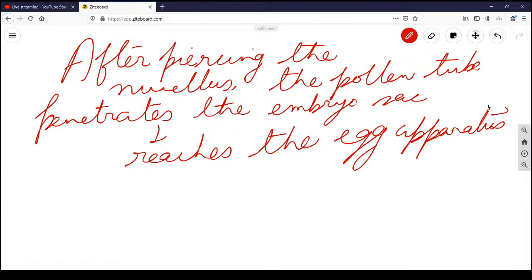When it reaches the egg apparatus, it passes either between the egg and synergids or between one synergid and the wall of the embryo sac.